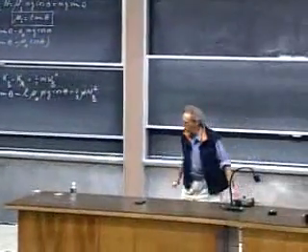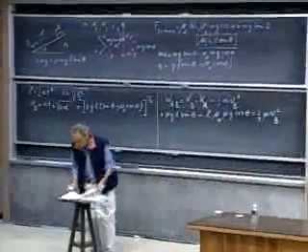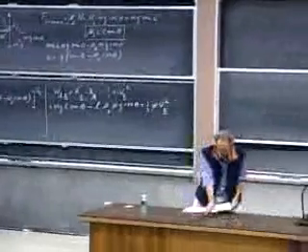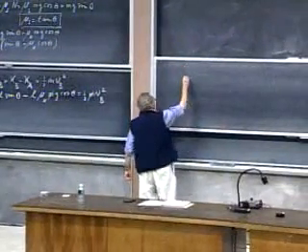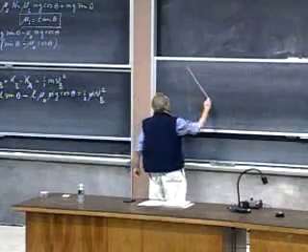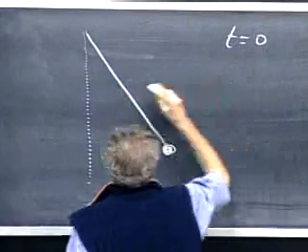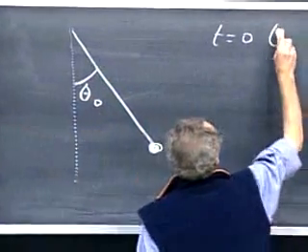All right, so let's continue now on another subject, and the one that I want to talk to you about now is the pendulum. I have a pendulum, and the pendulum at time t equals 0, this angle is theta 0, and I know what that angle is.